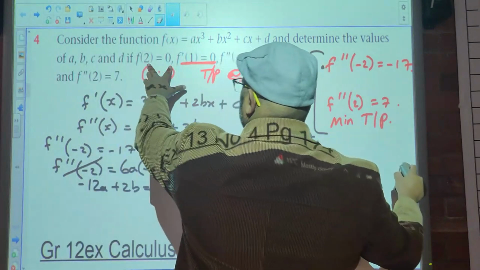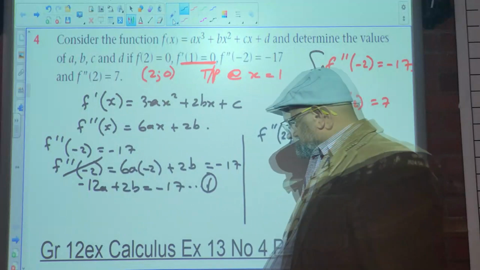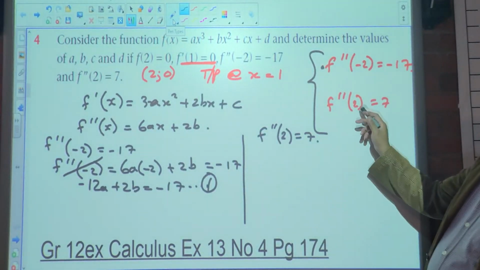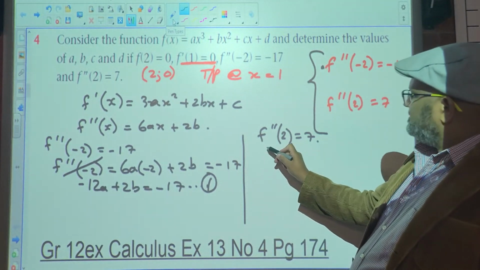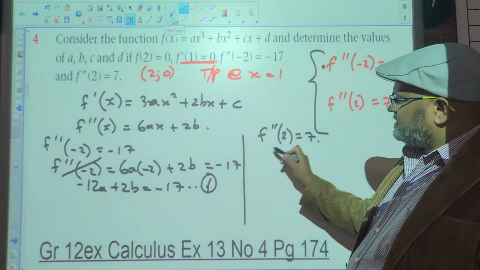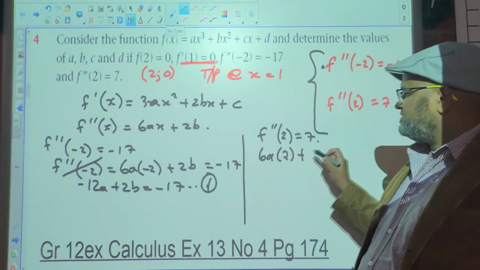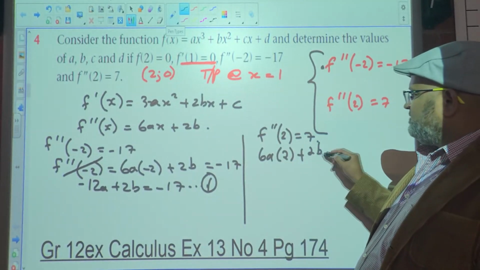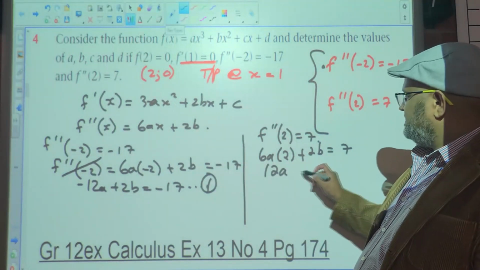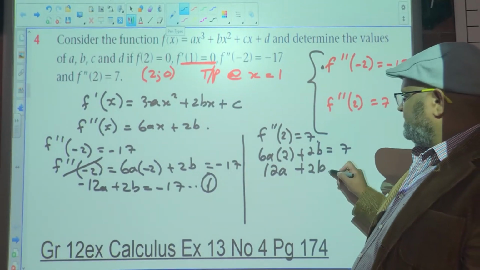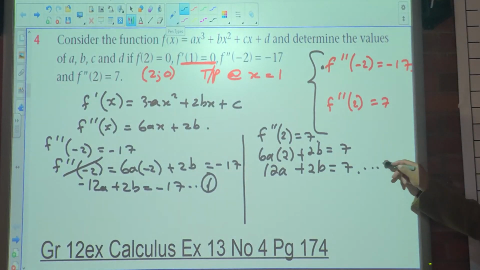So if f double dash of 2 is equal to 7, wherever I see x I put a 2. So it's 6a times 2 plus 2b equals 7. So it's going to give you 12a plus 2b equals 7. And this is of course equation 2.